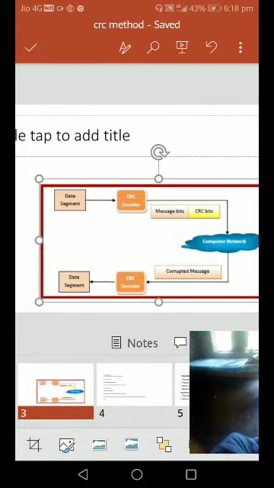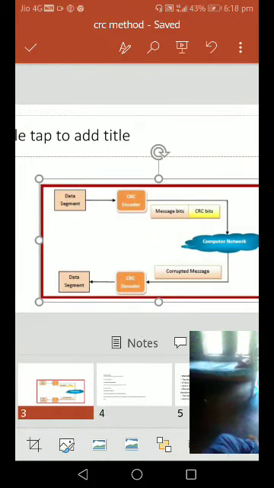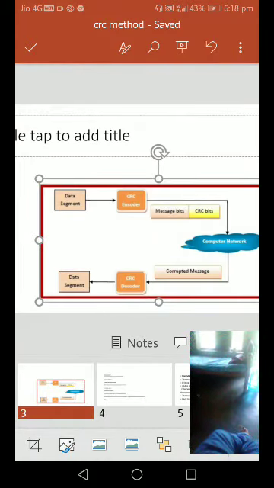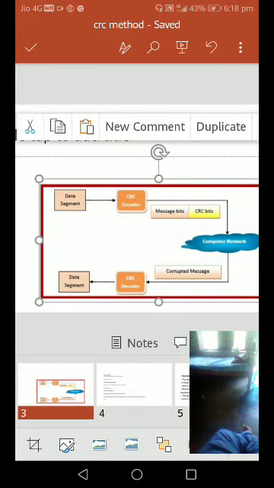If the divisor number is 4, then 3 bits are added to the original data.